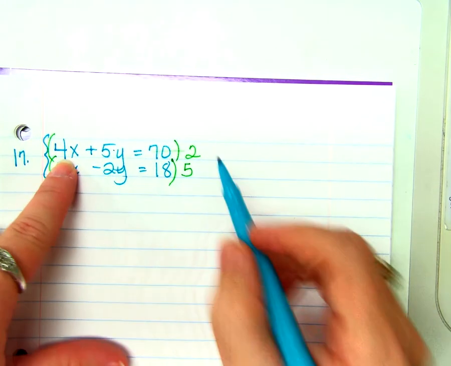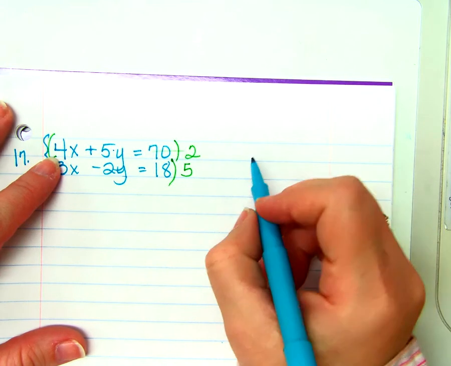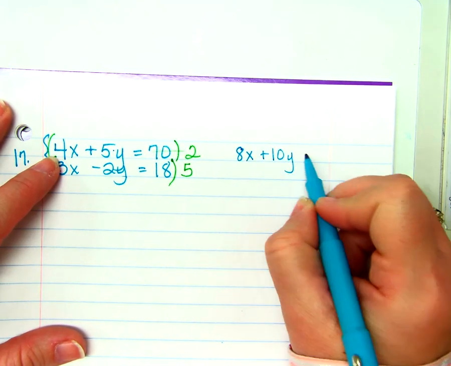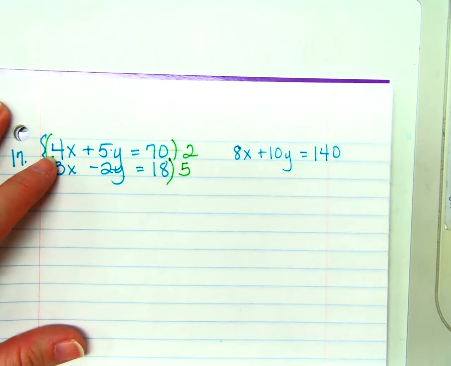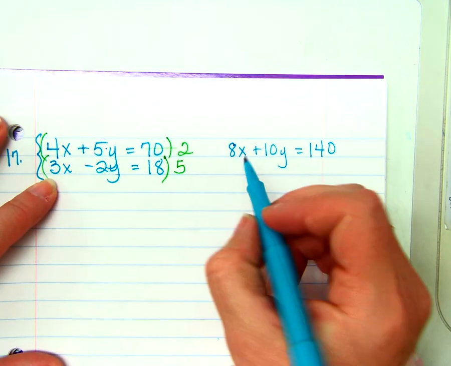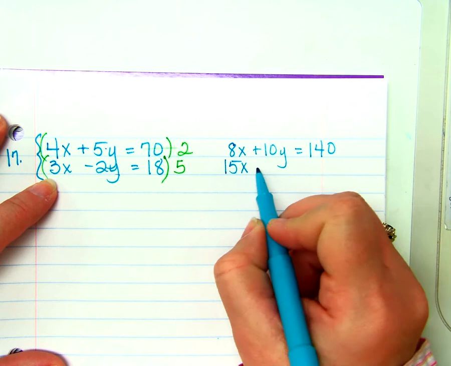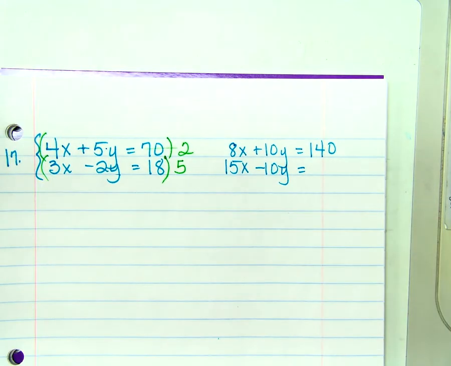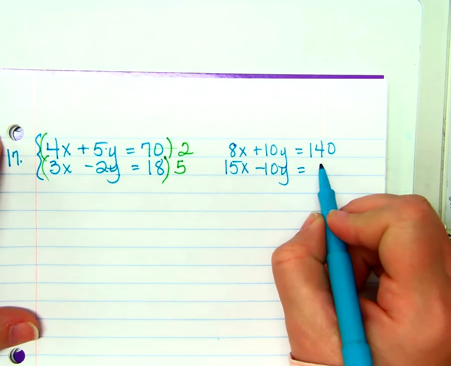When I multiply everything in the first equation by 2, I get 8x plus 10y equals 140. When I multiply everything in the second equation by 5, I get 15x minus 10y equals 18 times 5, 90.